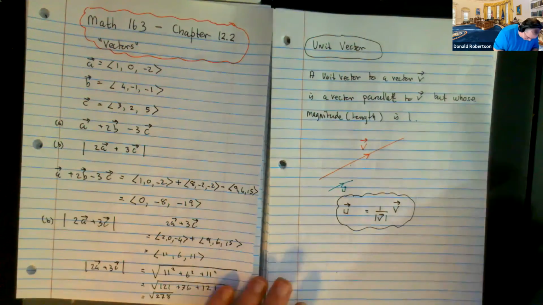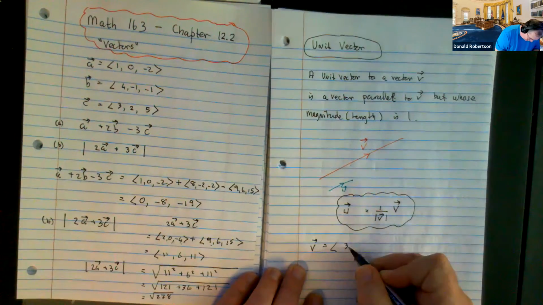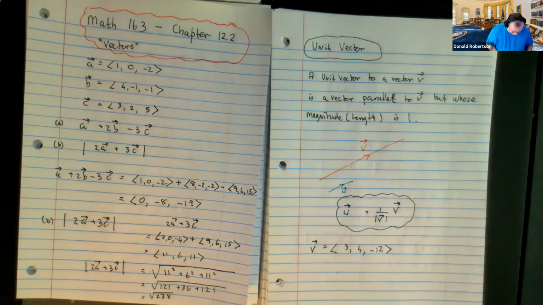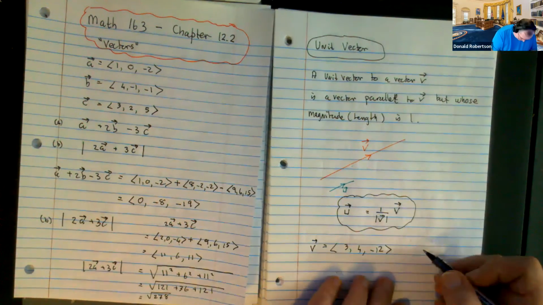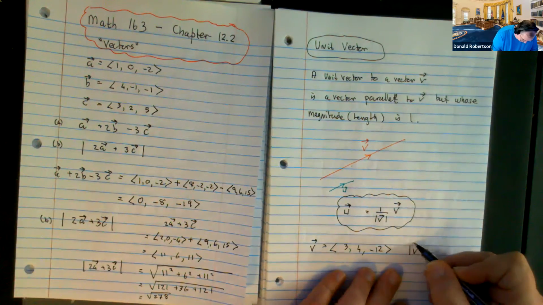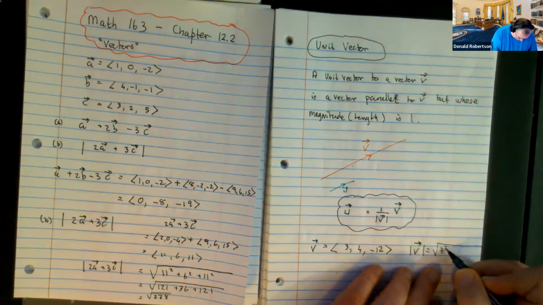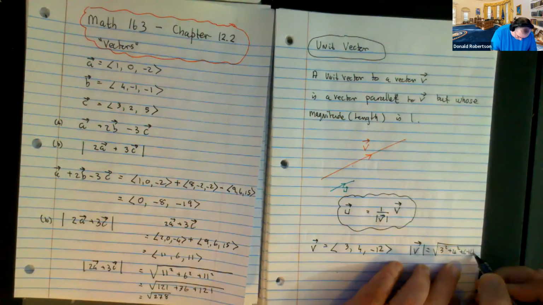Okay, let's try it. Suppose v is 3, 4, -12, and I want to find the unit vector. Well, the first thing you do is you find the magnitude of it, which is the square root of 3 squared plus 4 squared plus -12 squared.